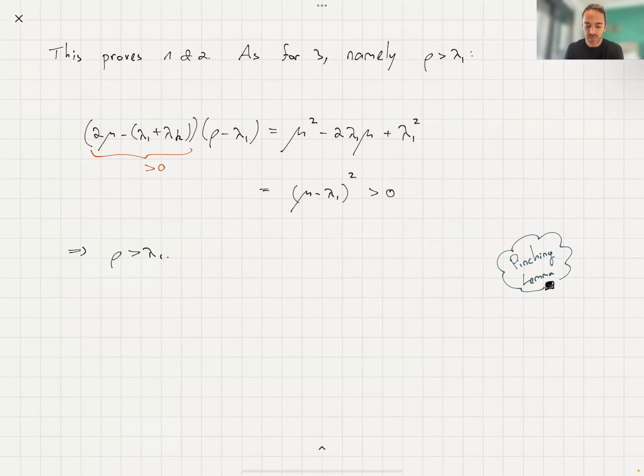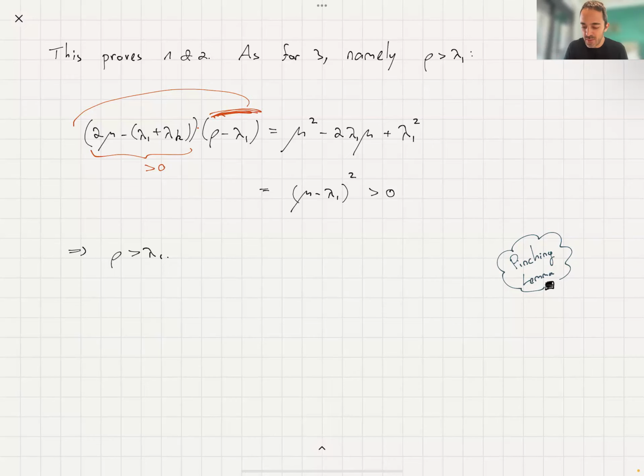So let's look at this expression. What you want to prove is larger than 0, because proving that this is strictly larger than 0 is proving that rho is strictly larger than lambda 1. But we know that this other term that we have here is at least 0, because of what we said twice already. But this expression is nice because when you open it up and use the definition of O, that's easy.